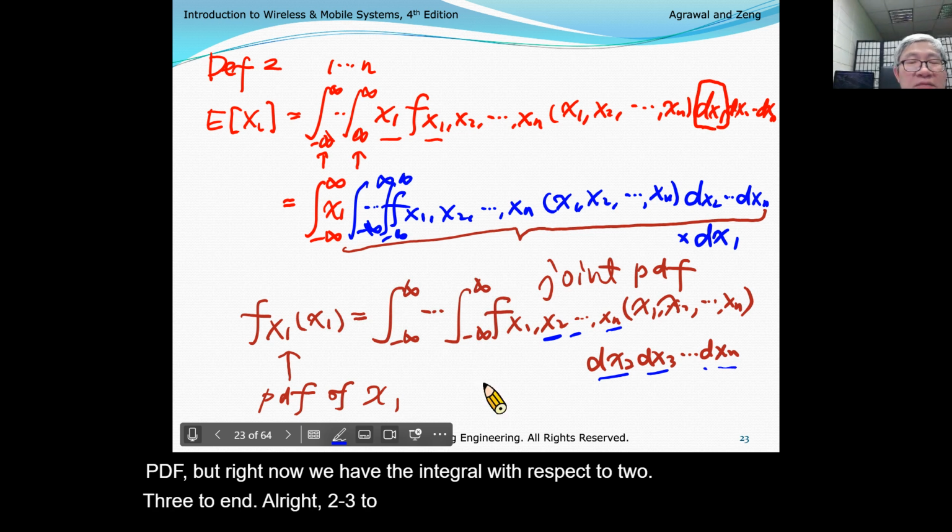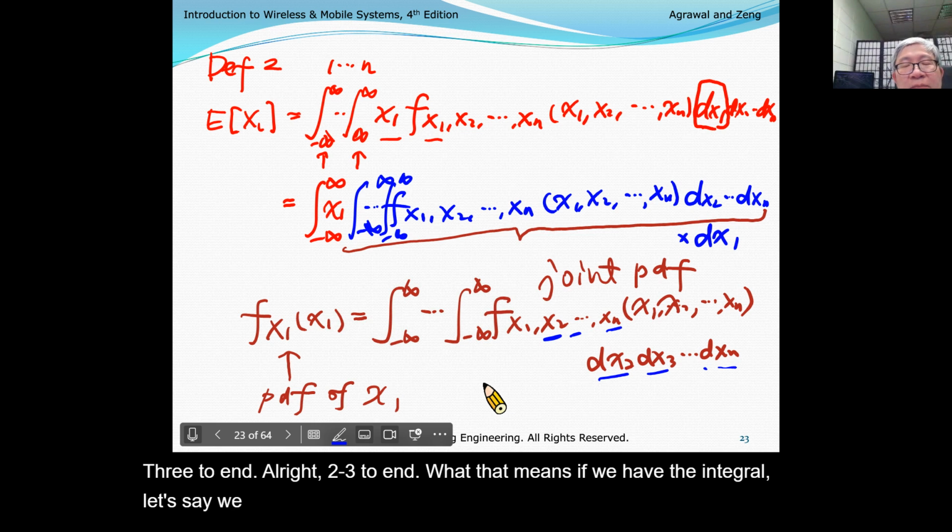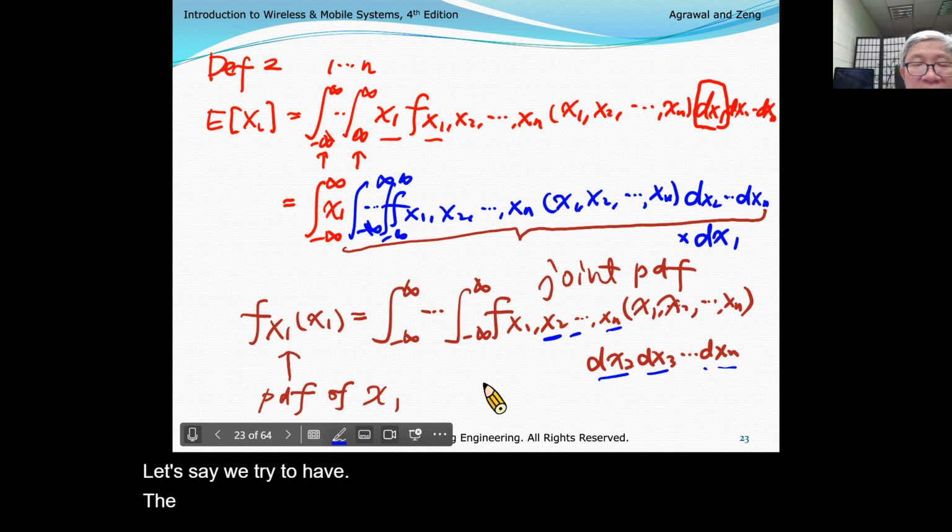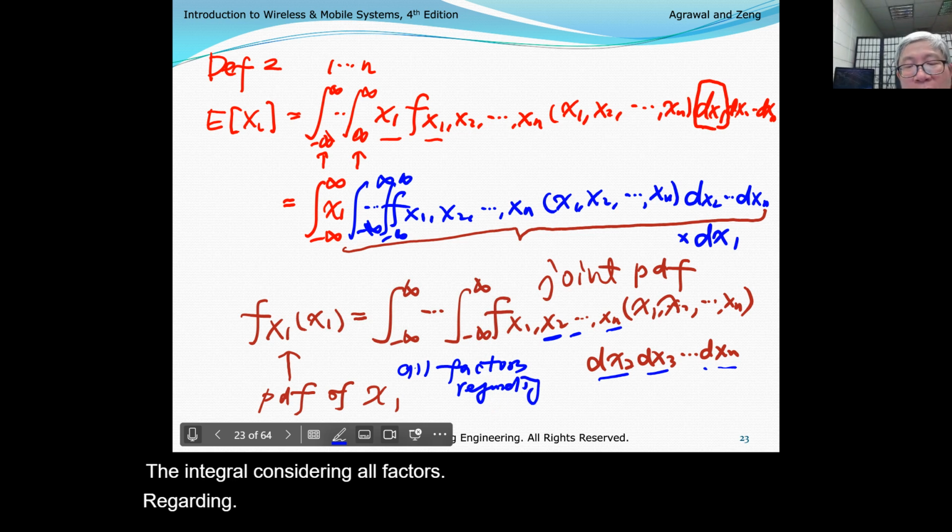What that means, if we have the integral, that says we try to have the integral considering all factors regarding x2, x3 to xn.